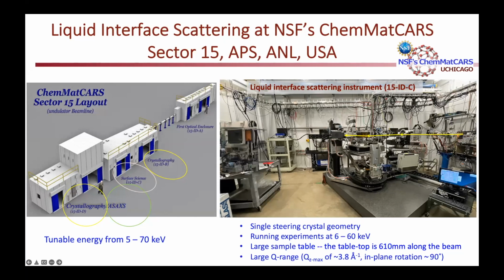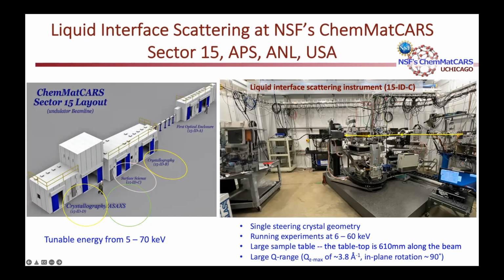We're funded by NSF. We're not part of APS. We're at sector 15, and the liquid interface station shares the sector with two other techniques, crystallography and ASAXS, and we run about 42% of the beam time. The instrument here was operational in 2002, and it's a single steering crystal geometry, which Ben described very nicely.